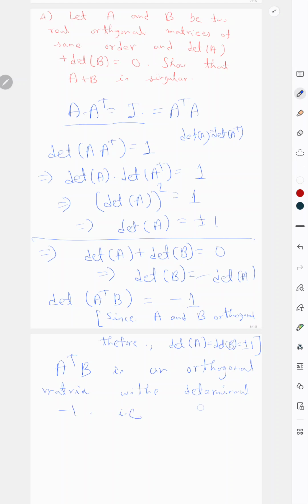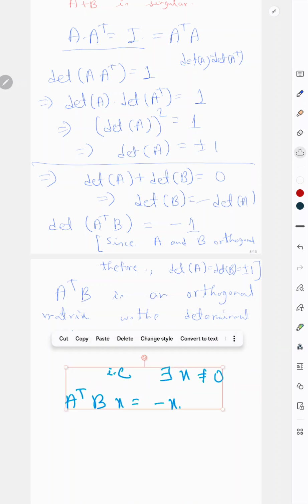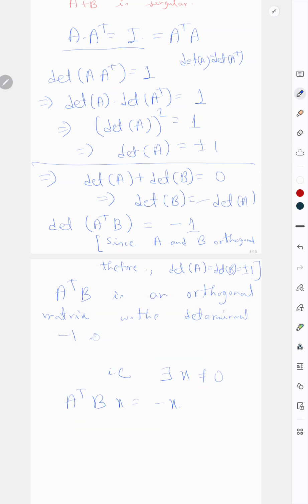That means there exists an x not equal to 0 such that A transpose B x will be -x, right? So it has an eigenvalue -1.